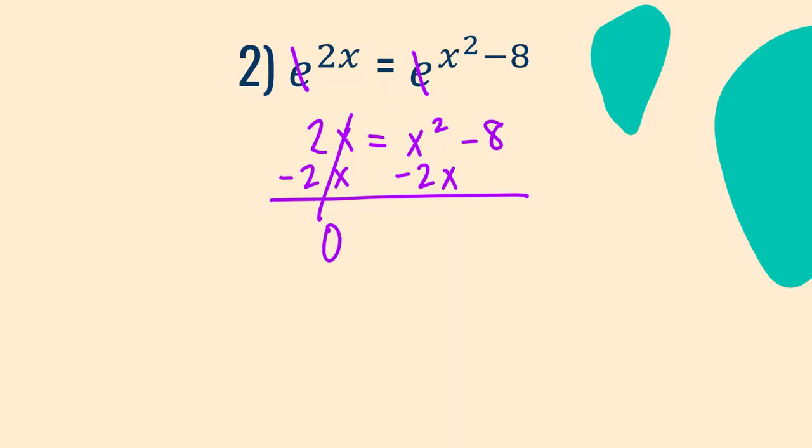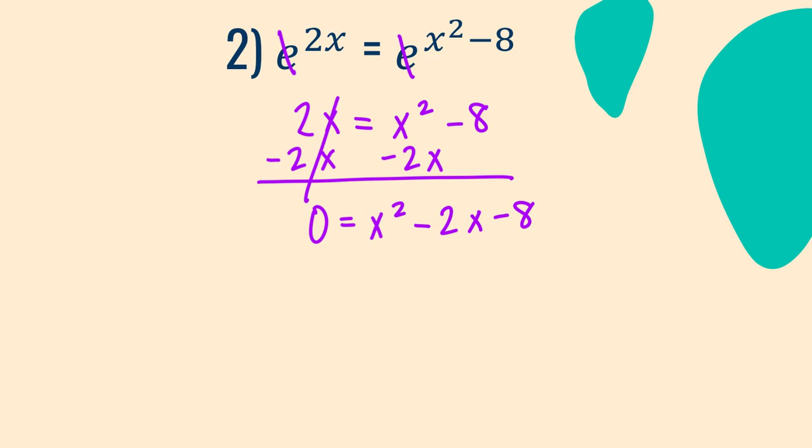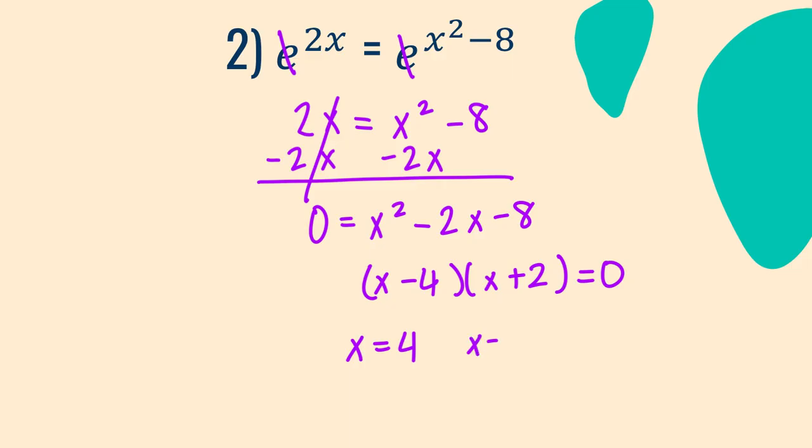I'm going to end up with 0 equals x squared minus 2x minus 8, writing it in standard form. Again, I can factor this. If I factor correctly, what am I going to get? Good. X minus 4, x plus 2. Set them both equal to 0, and x equals a positive 4, x equals a negative 2. And again, both of these are my answers.